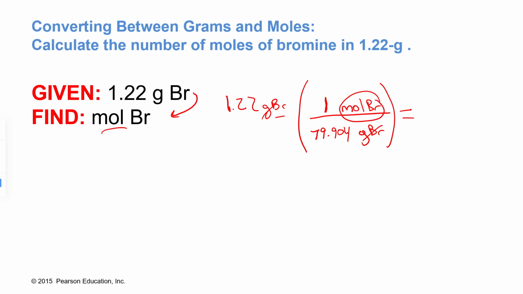So now we do 1.22 divided by 79.904, and we end up with 0.015. And we put our unit, moles of Br. So the word mole as a unit is typically abbreviated mol. So that's what you'll see me use interchangeably throughout this course.